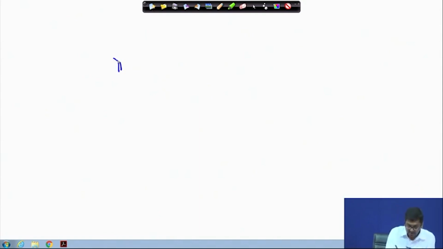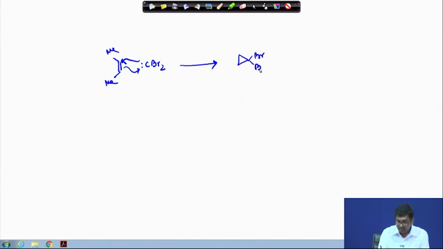Let us see how it works. Okay. Let us say you have this and CBr2. Now, this can work in a concerted manner to give the corresponding cyclopropane. Okay.